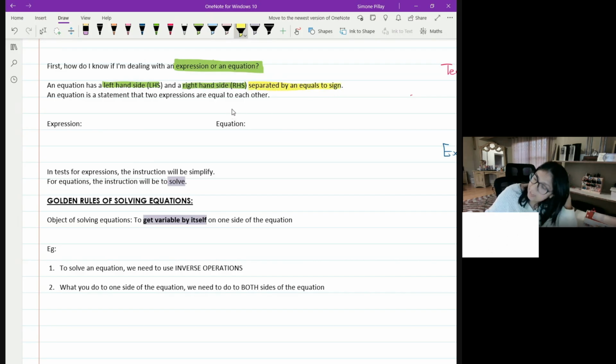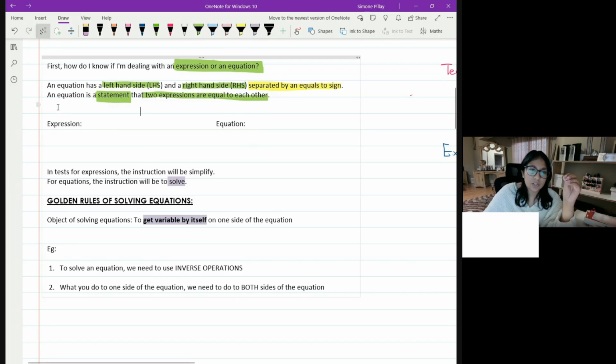An expression has no left-hand side or right-hand side. It's just a collection of terms. More specifically, an equation is a statement that two expressions are equal to each other.